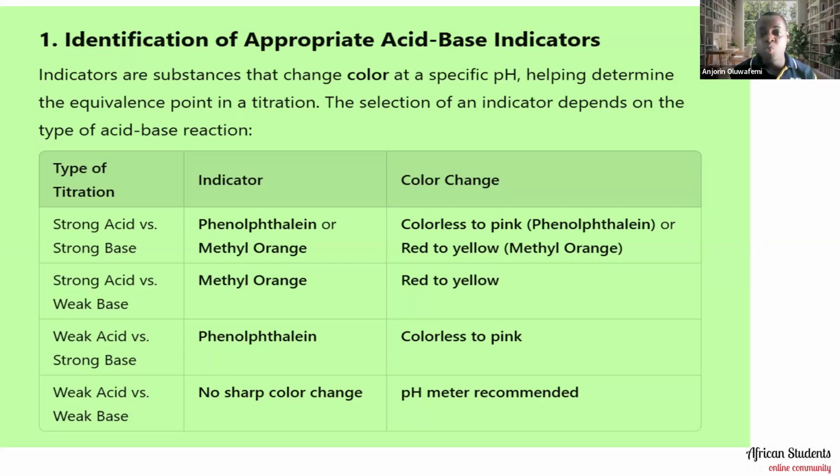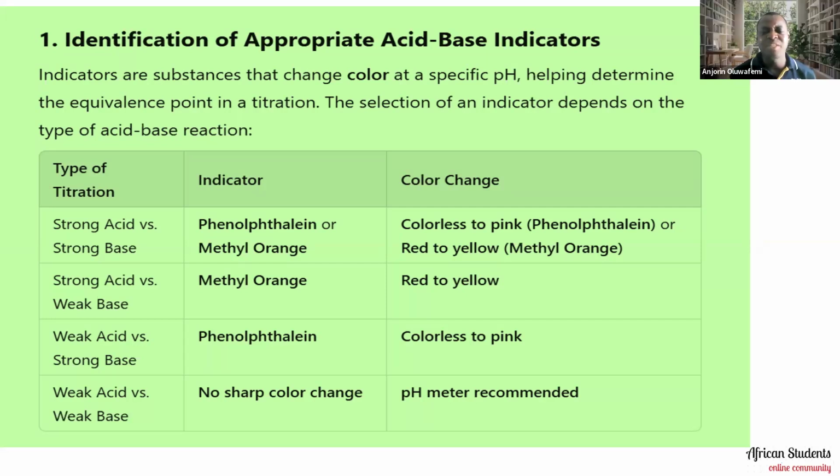Now, when we have a strong acid and we are titrating with a weak base, the appropriate indicator to use is methyl orange, and you have a color transition from red to yellow. When you have a weak acid and you want to titrate against a strong base, the appropriate indicator is phenolphthalein, and what we have is a color transition from colorless to pink at the endpoint. When a weak acid is being titrated with a weak base, no sharp color change can be seen.